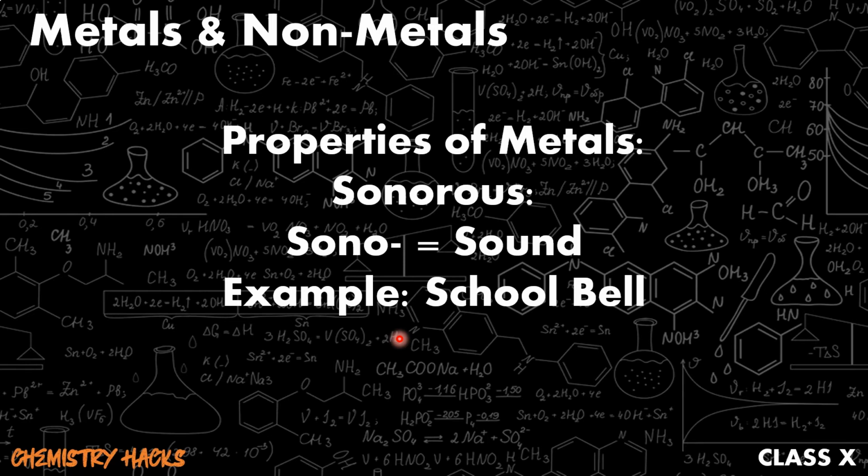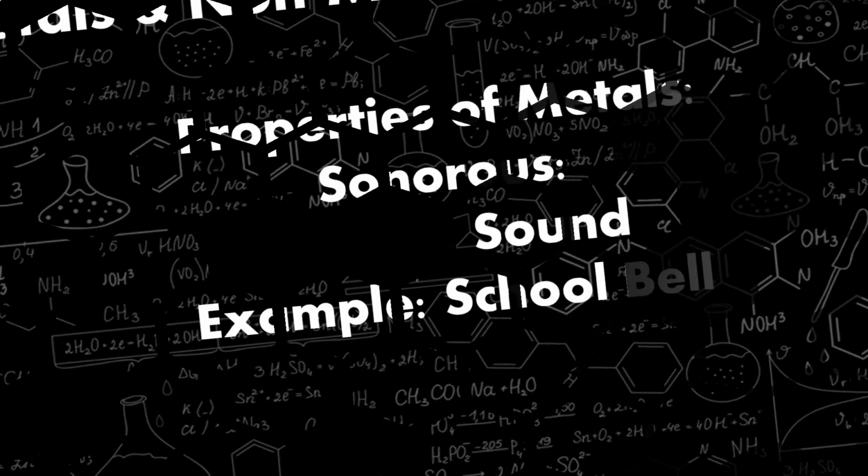If you hit a metal, it produces a ringing sound, especially metals like silver and copper and a few other alloys. When this bell rang, it would indicate that class is over or school is over for the day. Back in the day, they used metals to form school bells because they're highly sonorous.